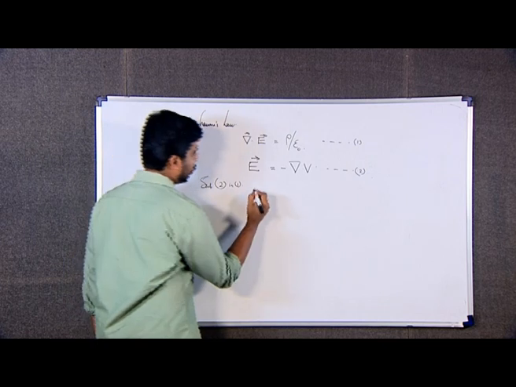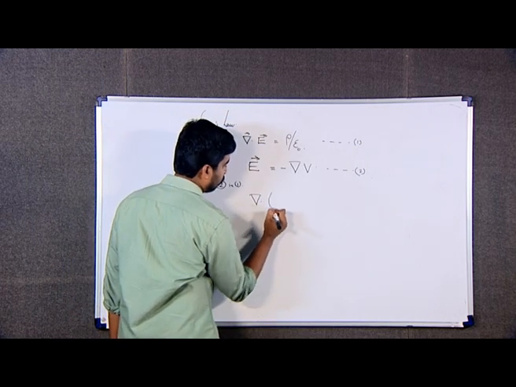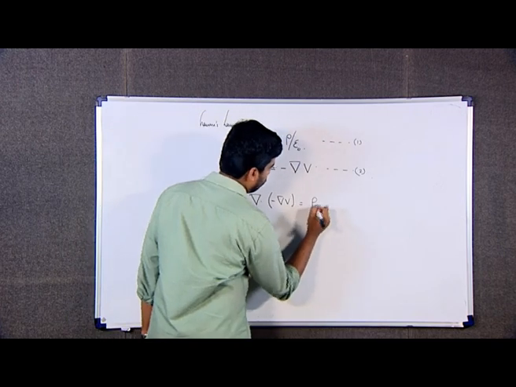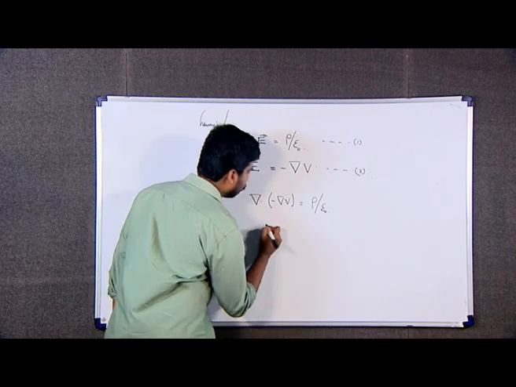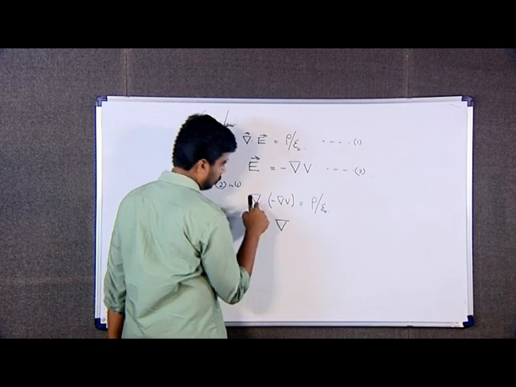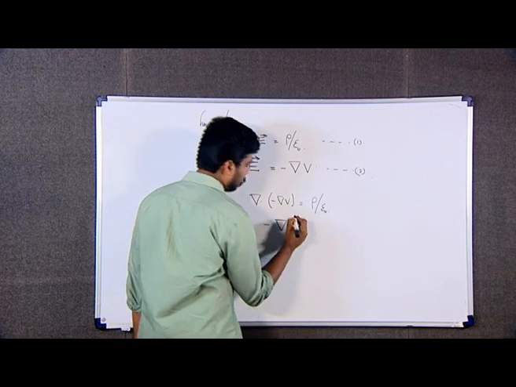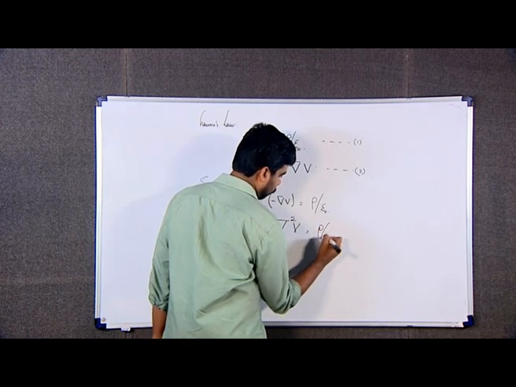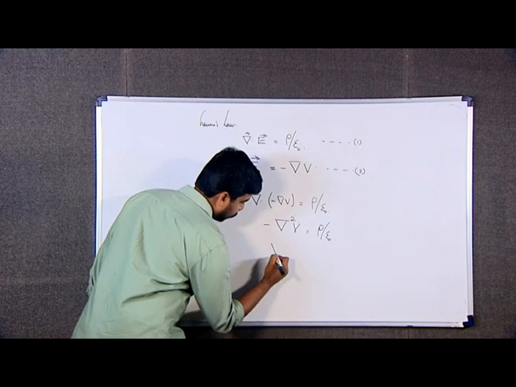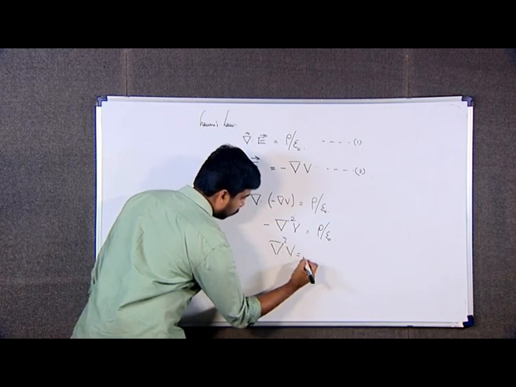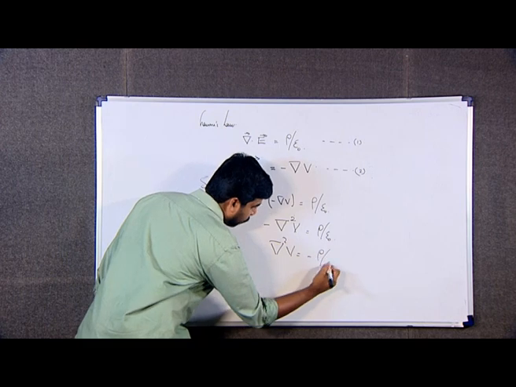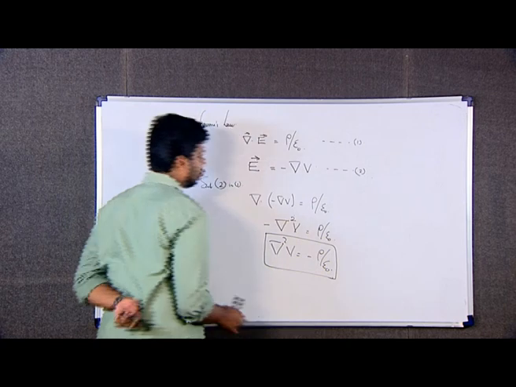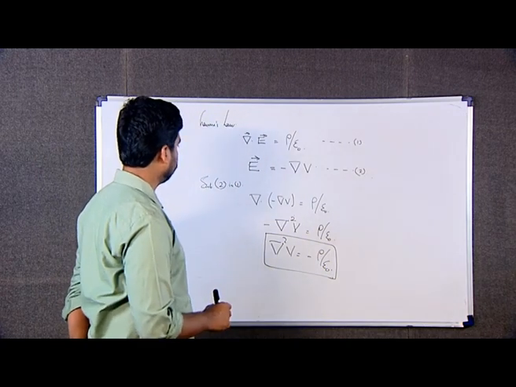On substitution, you will get del dot minus del V is equal to rho by epsilon 0, which is equal to minus del dot del V, which is nothing but del square V. That is, del square V is equal to minus rho by epsilon 0.